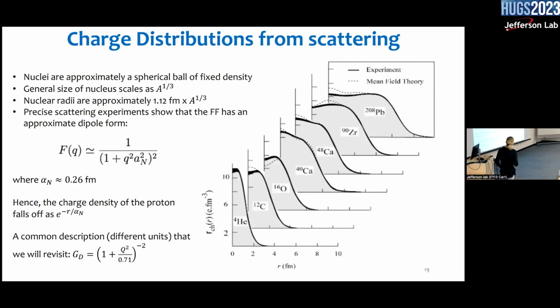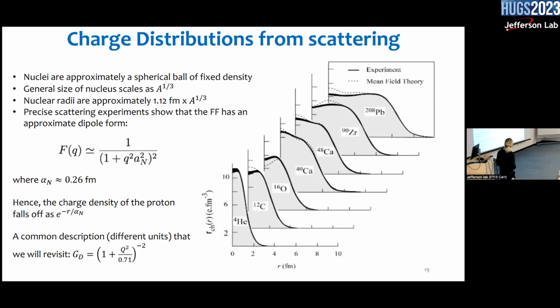Okay, and I think you've probably seen maybe these pictures too, because these are really nice. So nuclei, basically what we've learned is that nuclei we can kind of approximate, right, as a spherical ball of fixed density. And so the general size of the nucleus scales as A to the 1/3. And the radii are approximately 1 Fermi times A to the 1/3.